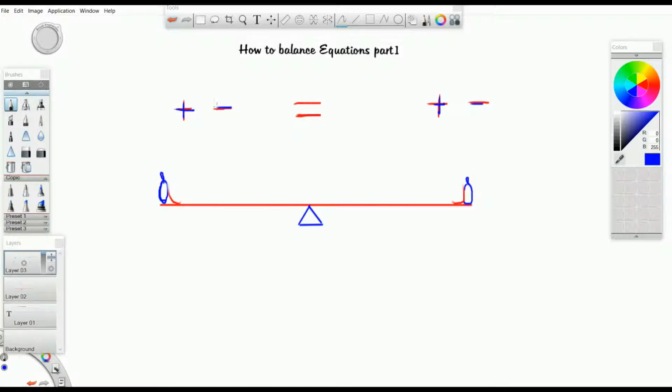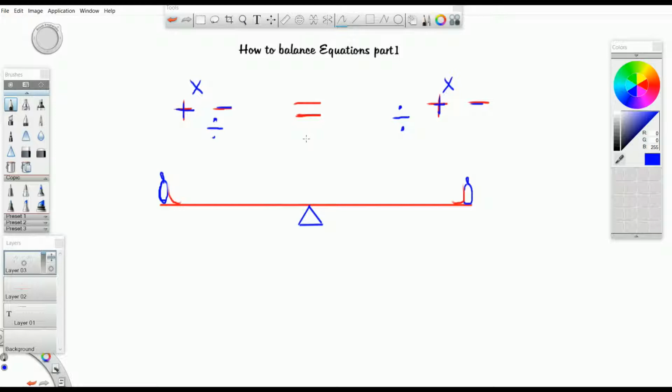You haven't fouled the rules of mathematics. That includes also if you multiply on this side, you multiply on this side as well. If you decide to divide, which is our last basic function on the calculator, divide on this side, as long as you divide on this side as well, the same amount, perfectly happy. The equation still stands. Nothing has changed.